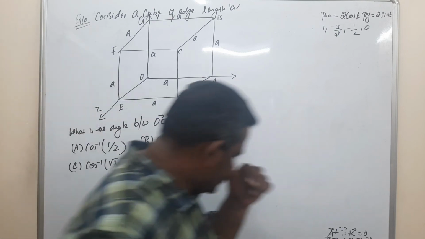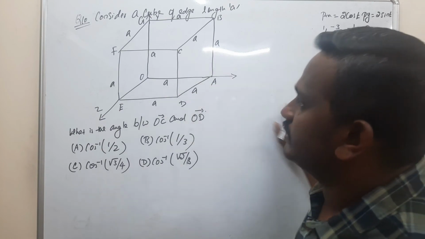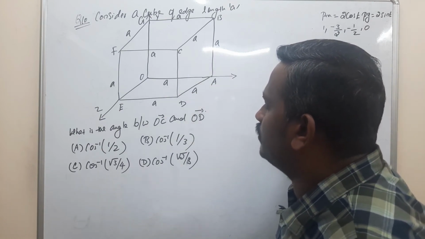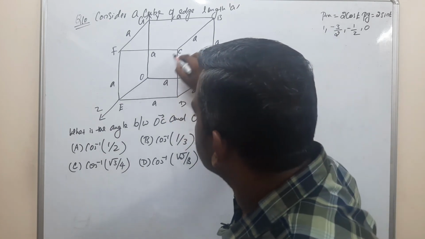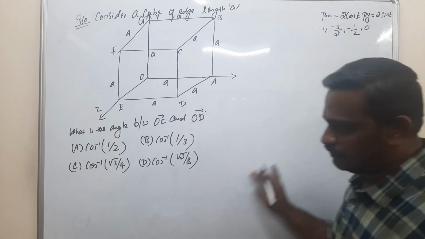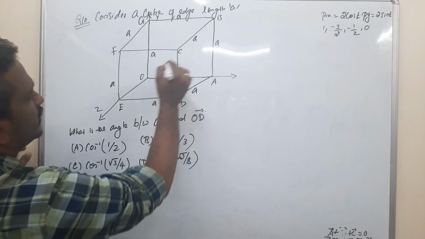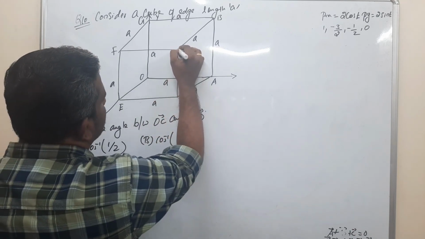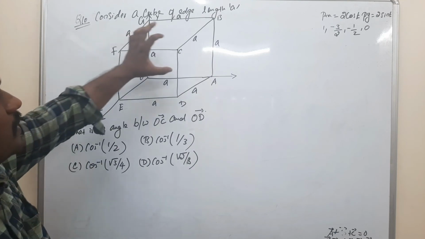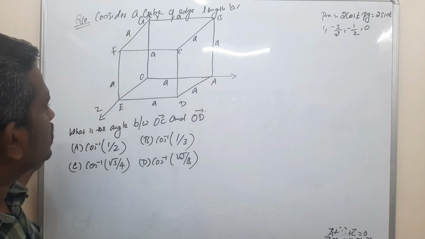So a cube is given with edge length A, and all the edges have length A. We have to find the angle between OC vector and OD vector. First we have to fix the coordinates. The point C is a point in space, it occupies all three axes, x axis, y axis and z axis.